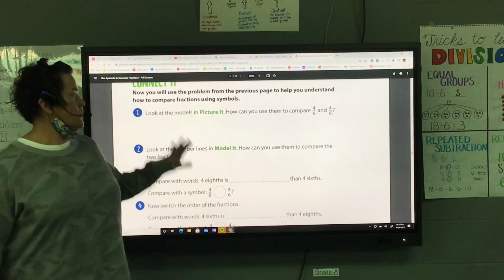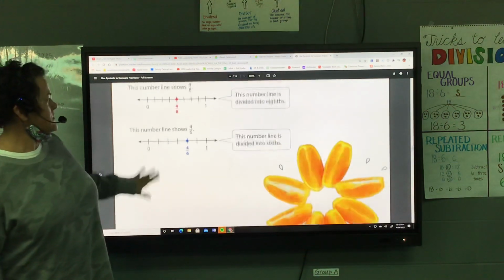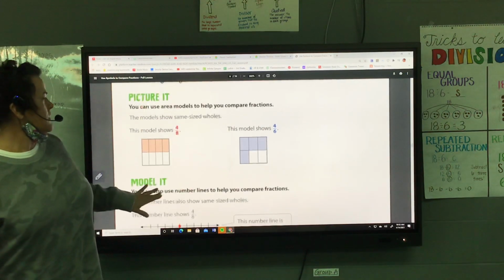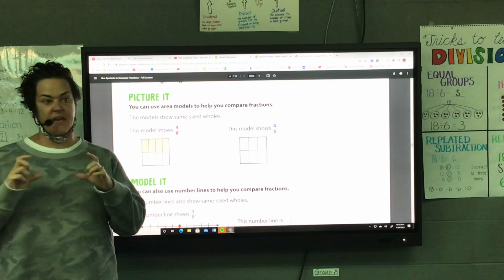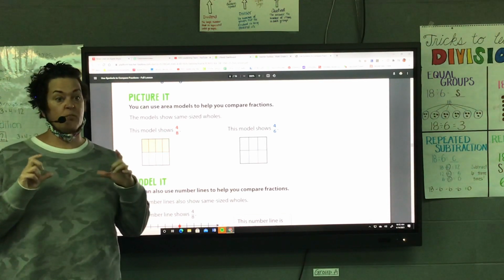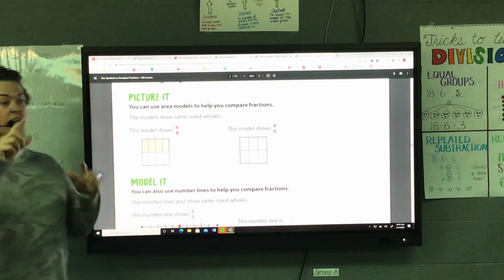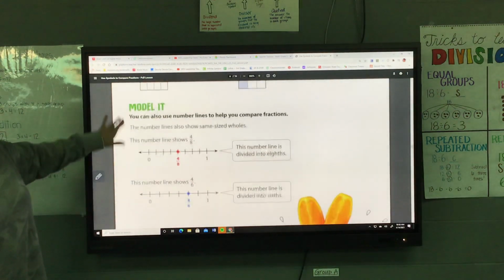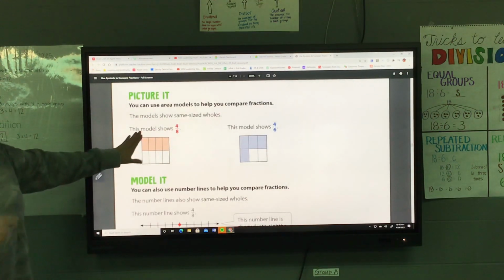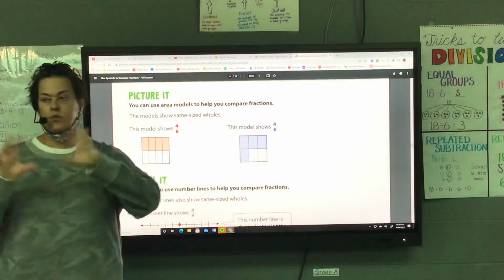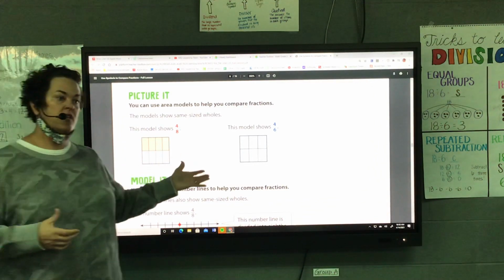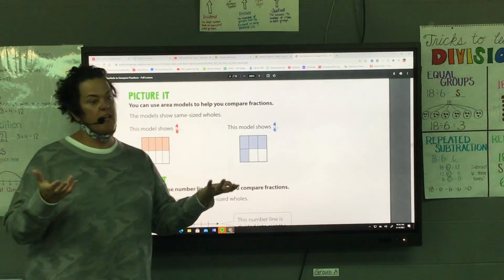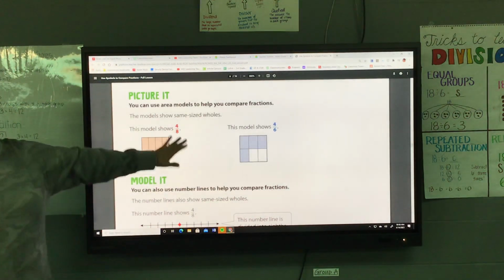So when we look at models, do we first need to make sure that they're the same size and the same shape? Yeah. Okay. And then exactly like what they had said, look to see which one is broken up into smaller pieces, and then look to see which one has more colored in, which is what we just talked about.